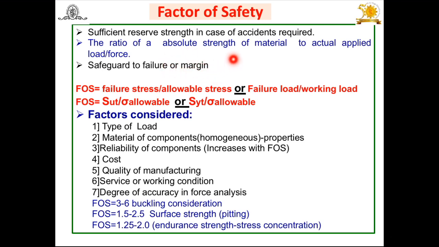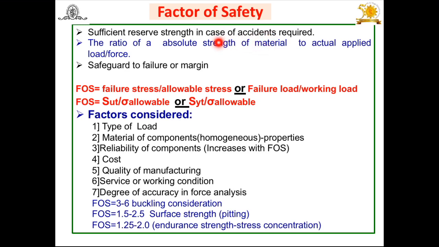If yield strength is the criterion and the induced stress is less than the yield stress, we say the component is safe. That means the operating load should be such that the developed stresses are less than the yield strength. That means there should be sufficient reserve strength to avoid accidents.